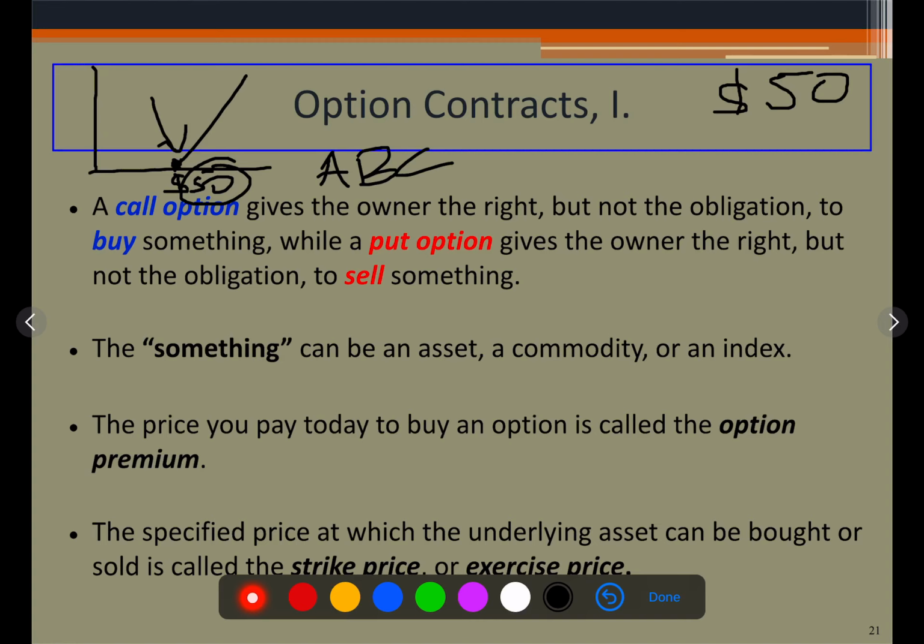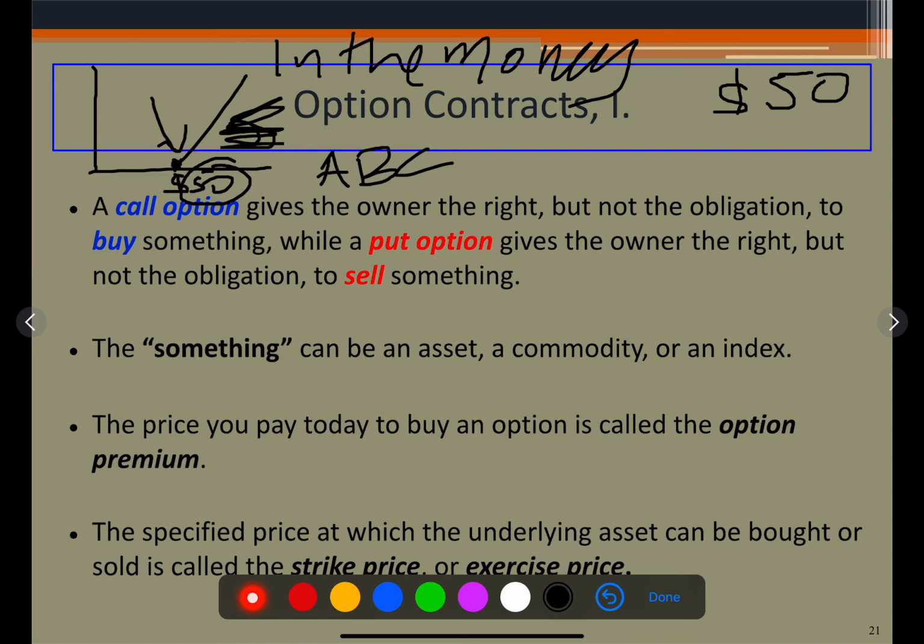So it means he is in the money. This zone is in the money for the call option contract buyer. And if it is beyond this point over here somewhere, he is out of the money because he will not exercise the contract.